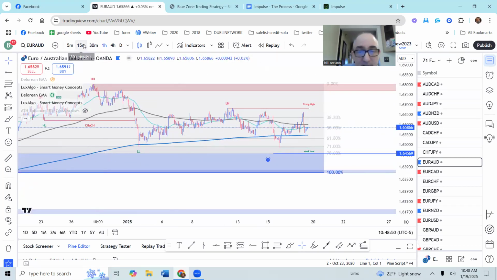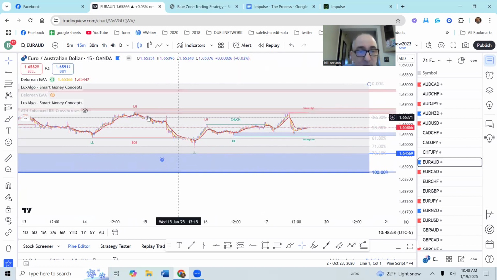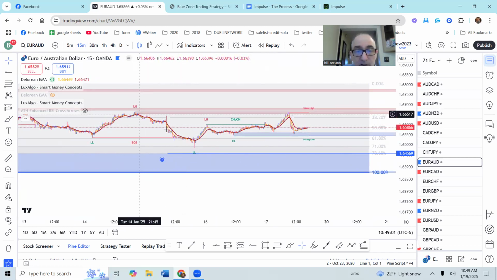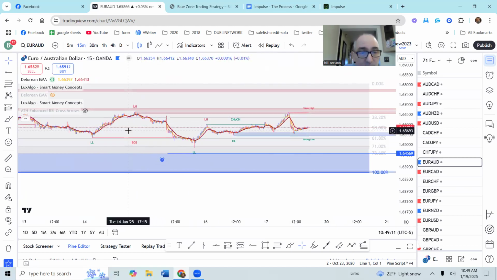But if we do drop down to the 15, you see how we have these bearish order blocks here. And these are areas where we can potentially draw fibs to take counter trend trades. Okay. You can see when price moved down to here, it created this one.